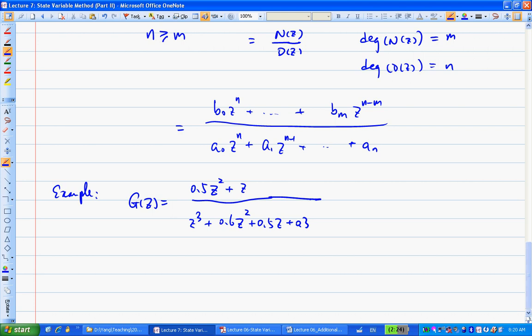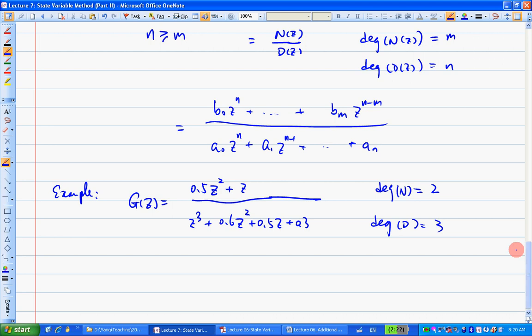If I compare this with the general one that I just presented, what is the degree of this denominator? Which is 3. And the degree of this numerator is 2.